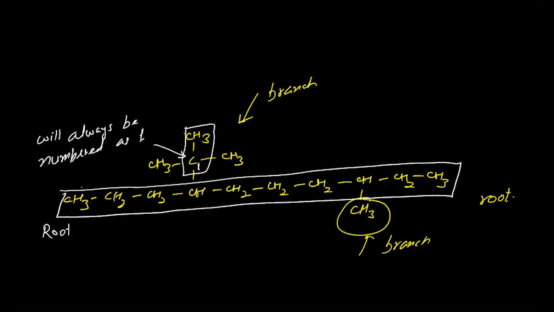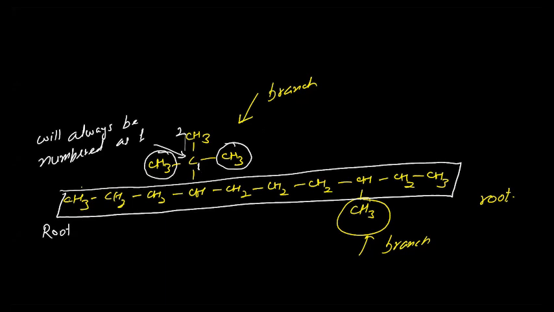Because now you are naming this branch as per IUPAC name, within the branch you need to find the longest chain. So longest chain of 2 carbons. After that, you will see on which carbon you have branches. On first carbon you have a branch, and on first carbon you have another branch.